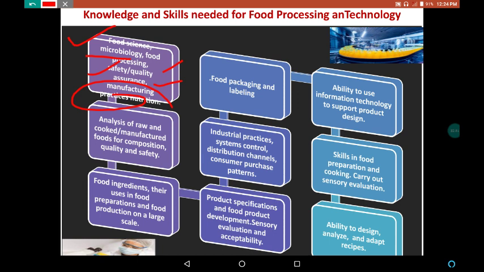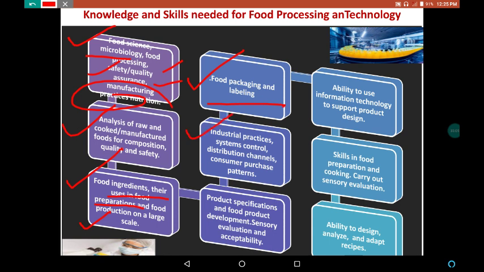Another one is analysis of raw and cooked or manufactured food for consumption, quality, and safety. Knowledge of food ingredients, their uses in food preparation and food production on a large scale. Knowledge about food packaging or skills of food packaging and labeling, how to label a food.